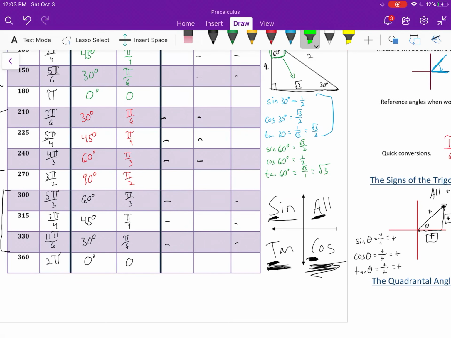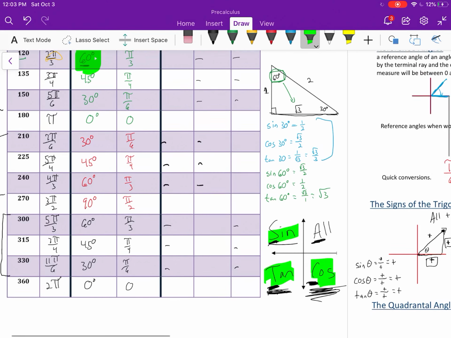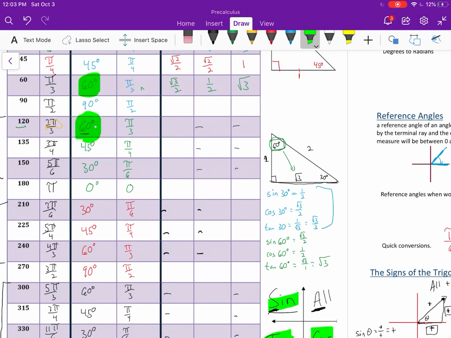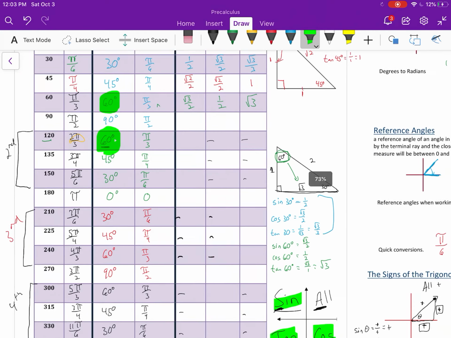We know that in the first quadrant, all were positive. In the second quadrant, sine was positive. Third quadrant, tangent is positive. And fourth quadrant, cosine is positive. So we marked the certain values negative in our last video. And now it's just referring back to those reference angles to help us figure out the rest of this chart.